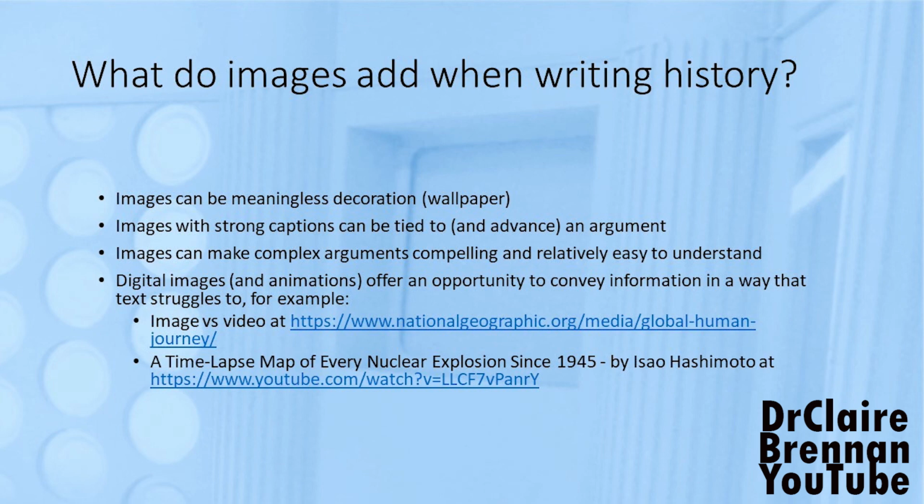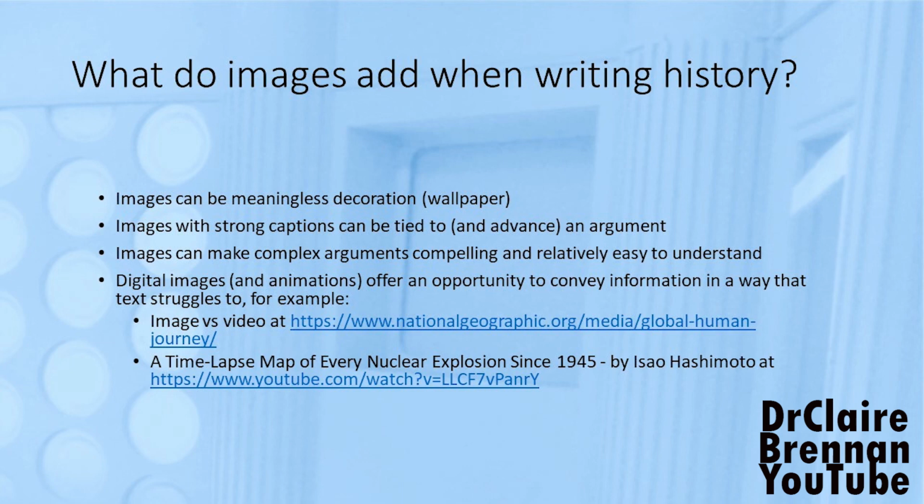Digital images, infographics, animations can offer an opportunity to communicate in ways that text can't quite manage. I've put up a couple of examples here for you. If you have a look at the image showing the spread of modern humans across the planet, and then look at the video of that same information, the impact, for me anyway, is quite different.